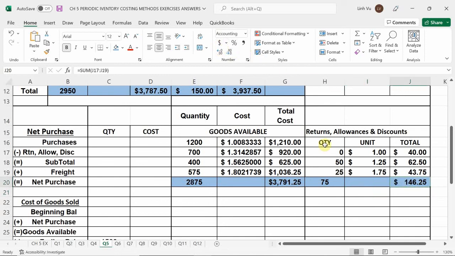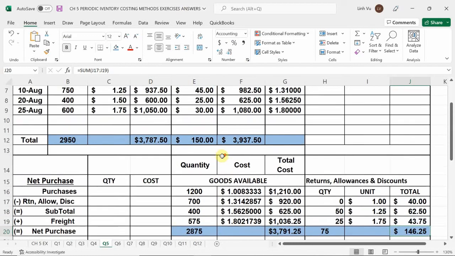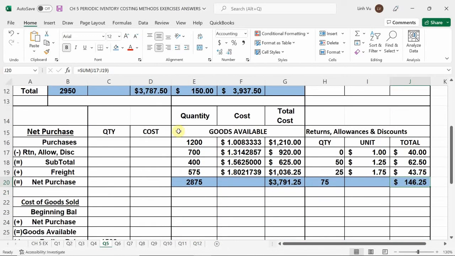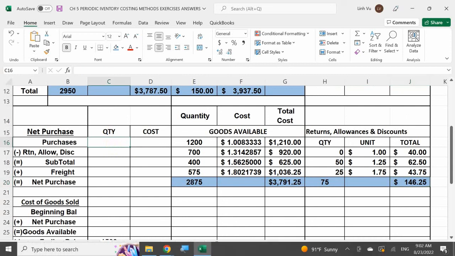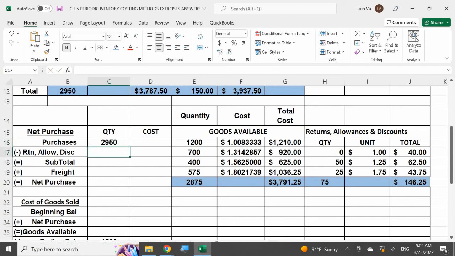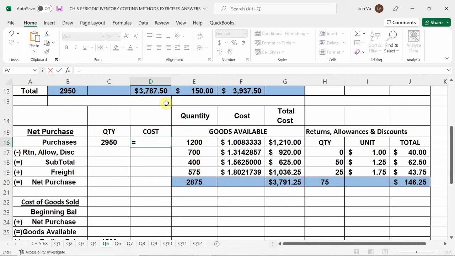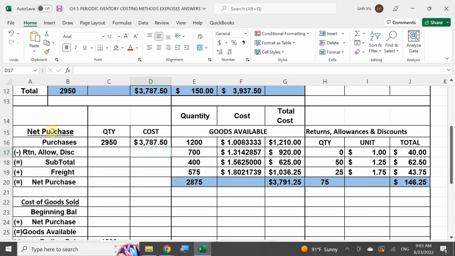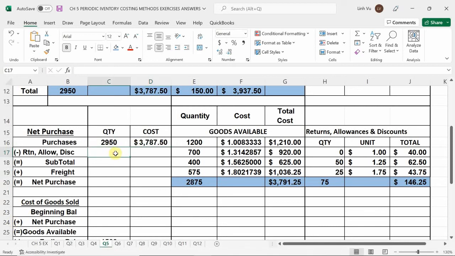Okay. So now, since we tallied up all of our totals, we can go ahead and plug in all of our answers here. Starting with the first one, we got 2,950 units at a grand total of $3,787.50. Did we have any refunds? Yes, we did.